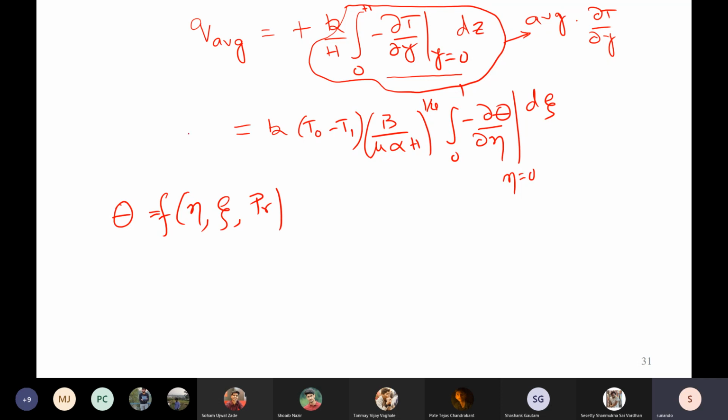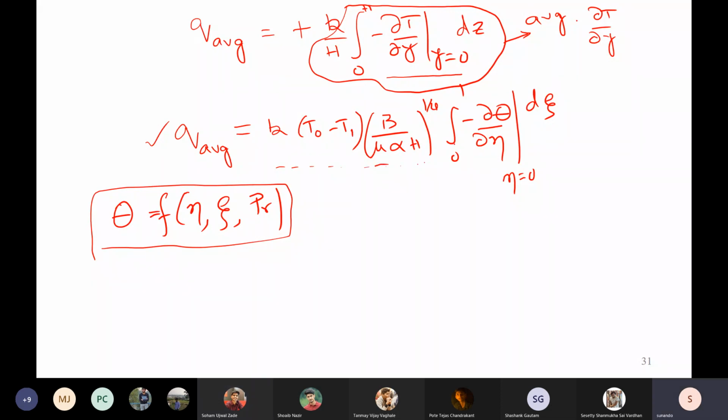Now you tell me what this Q average is going to be a function of, apart from whatever parameters you see over here.